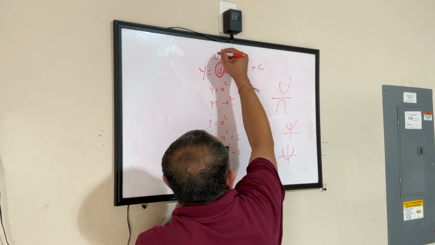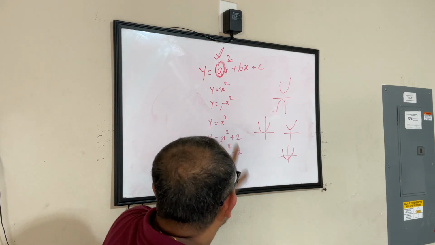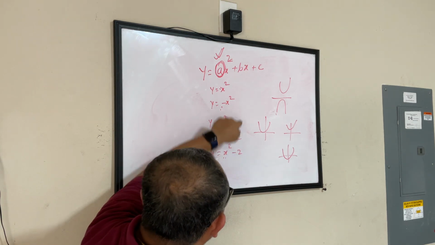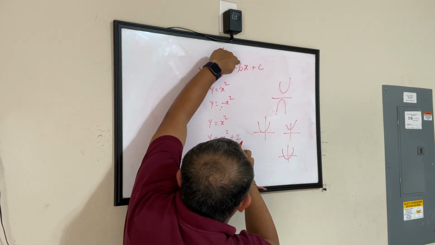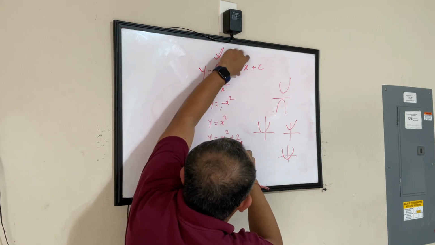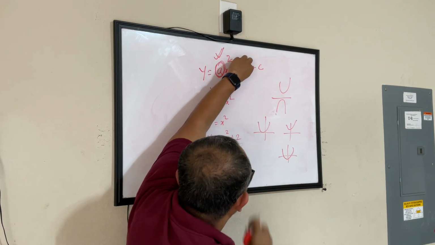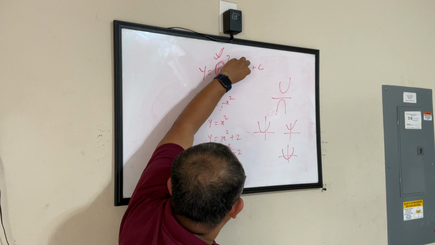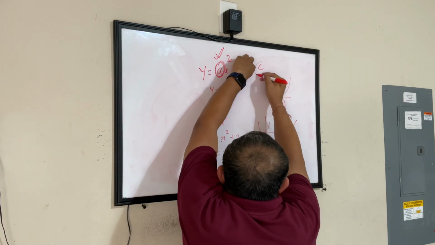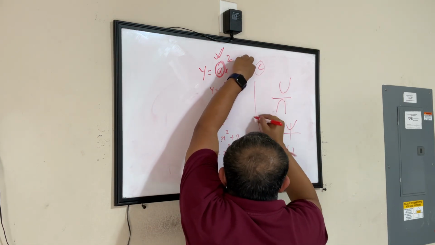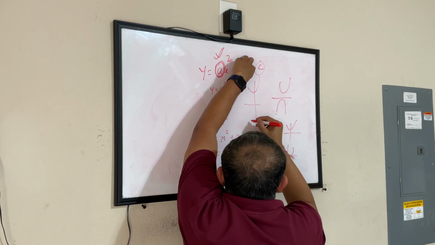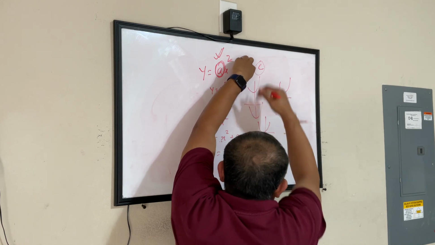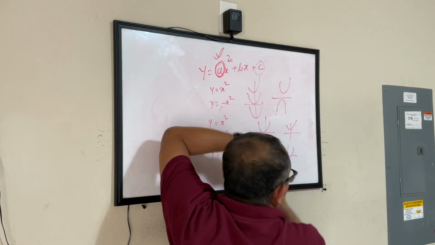This is the importance of A. Similarly, in this case, when you compare this with the standard form, you don't have an x value, so assume B is 0. In this case, your C helps you move your parabola up or down. It doesn't flip, it just moves up or down.